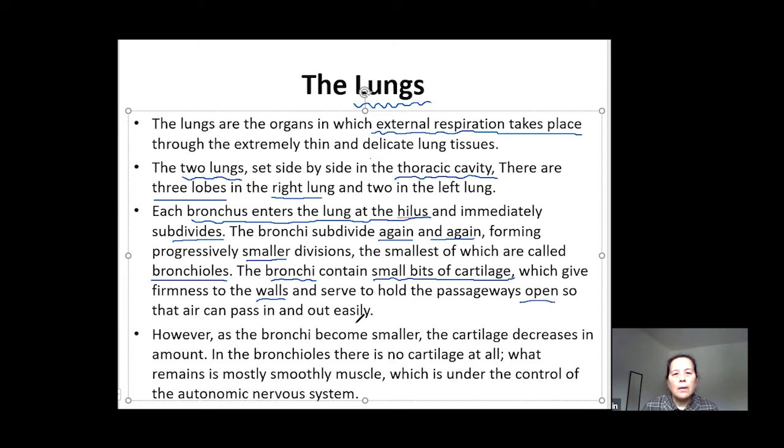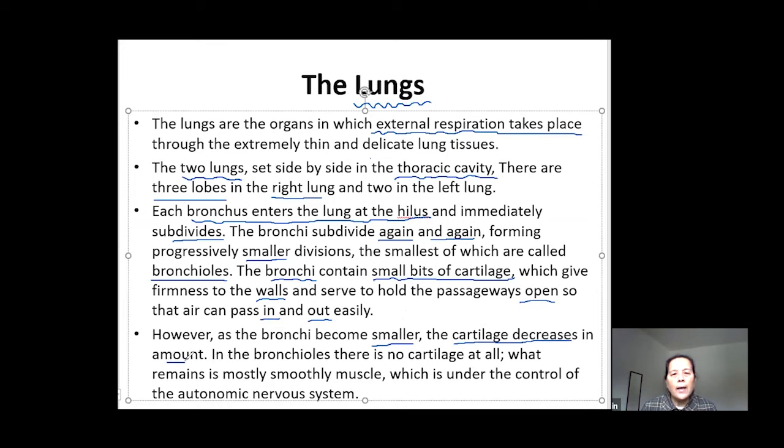So air goes in and out easily with the cartilage holding there. But when they get smaller and smaller, the cartilage is less and less.